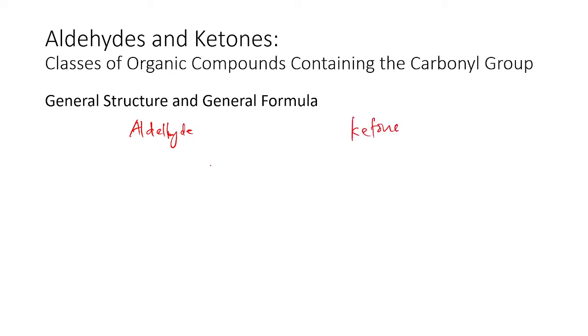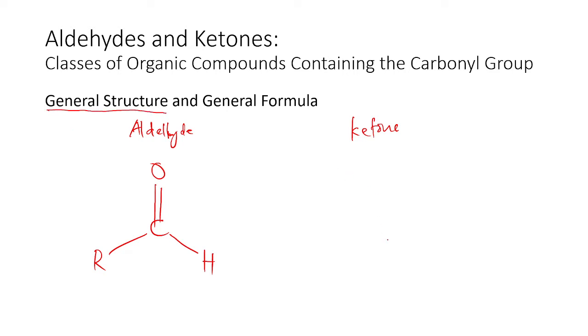For our aldehyde, the general structure will have a carbon atom, our carbonyl group that is double bonded to oxygen. On one side of this carbonyl carbon, we have hydrogen, and on the other side, we have an R group. So that is the general structure of our aldehyde.